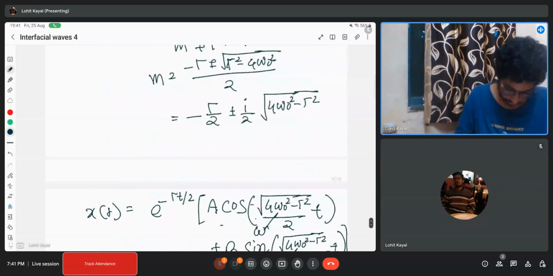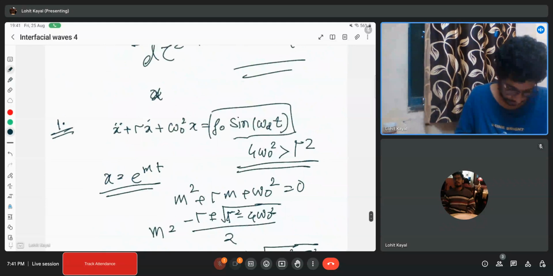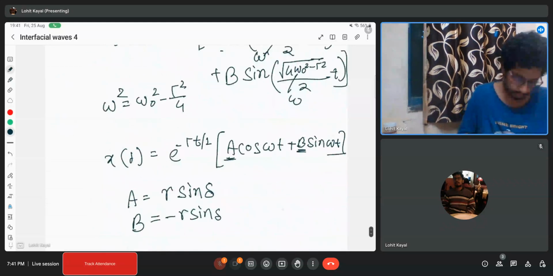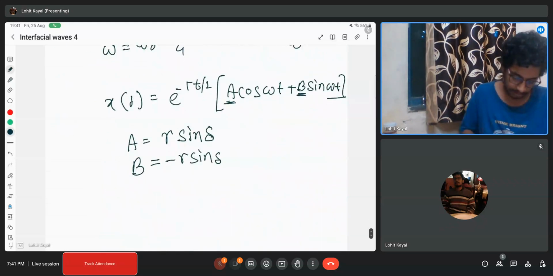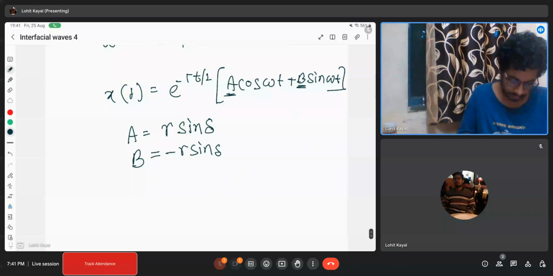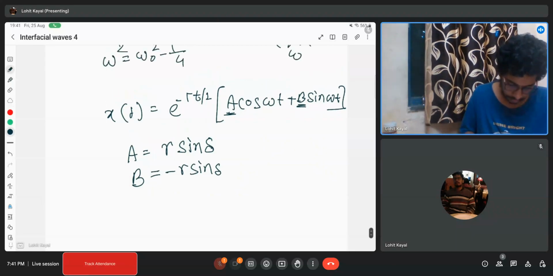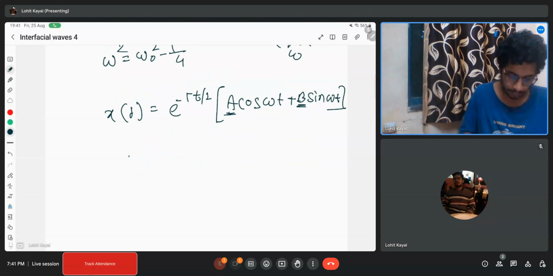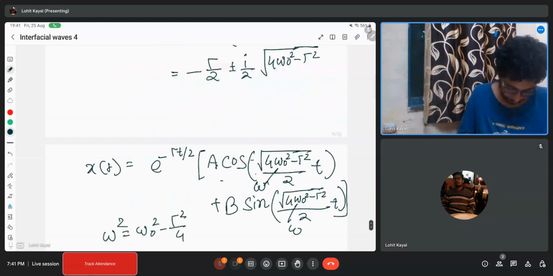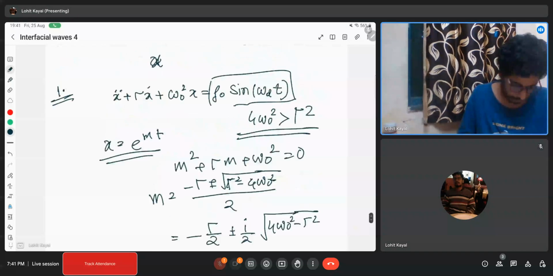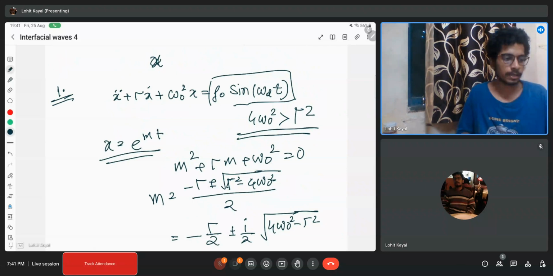How can we get them? They will definitely come from the initial conditions, which are not provided because we are finding the general solution. But let us do it differently. So this is your complementary function. Now, what will be the solution of your particular integral?